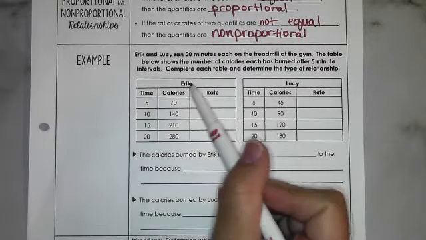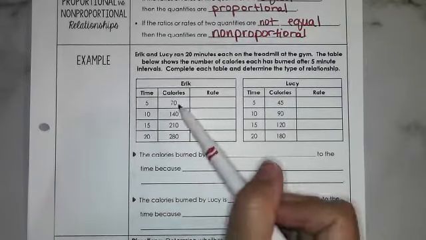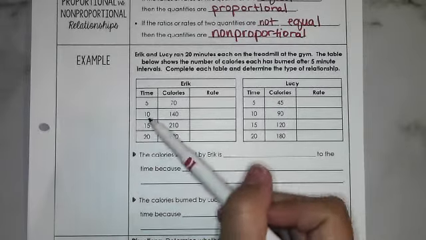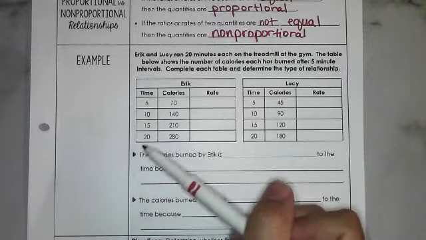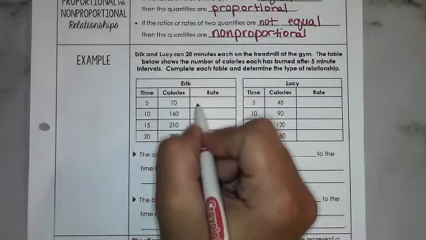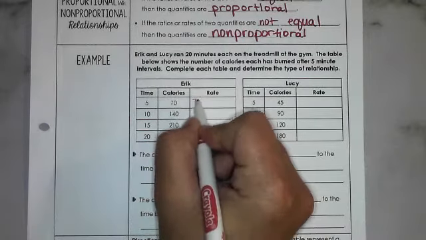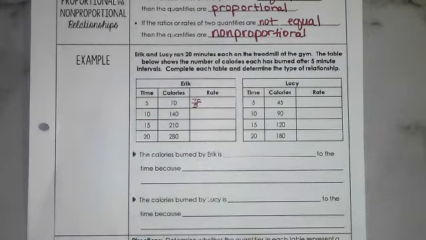So you can see here, for Eric's run, after 5 minutes, he had burned 70 calories. 10 minutes was 140. 15 minutes was 210. 20 minutes was 280. So we're going to set these up as rates, calories per minute. So calories is going to go in the numerator. Minutes is going to go in the denominator.